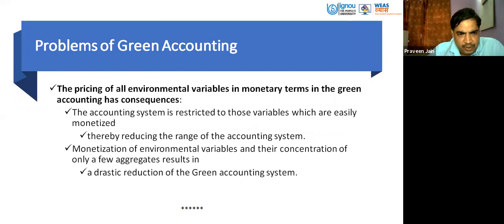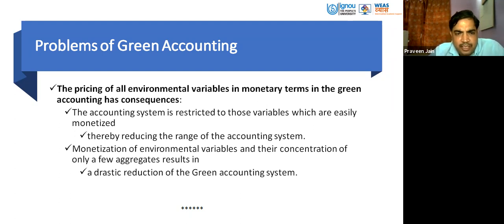Then the pricing of all environmental variables in green accounting has consequences. The accounting system is restricted to those variables which are easily monetized. Whatever we include in the accounting, we include only those things which we can easily monetize and easily evaluate as goods and services.